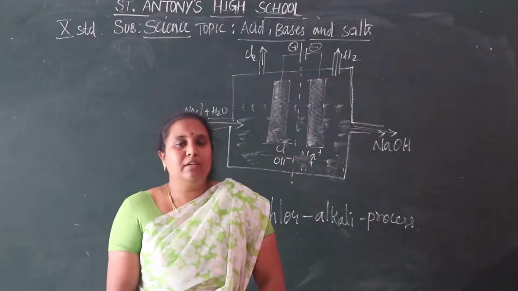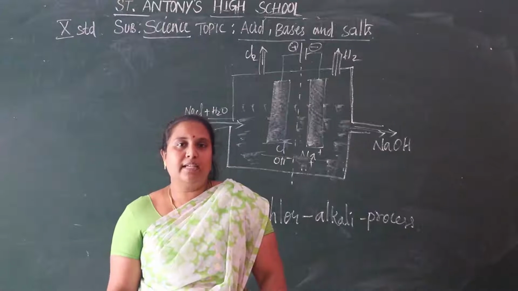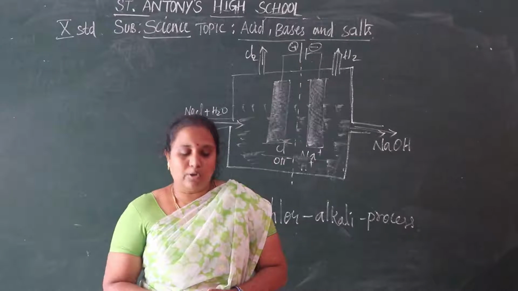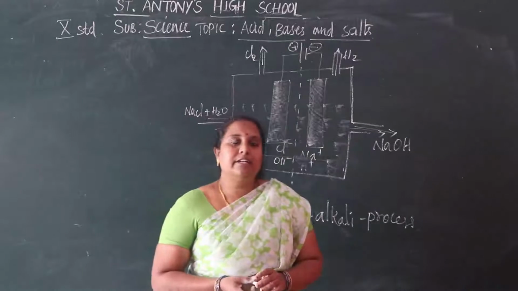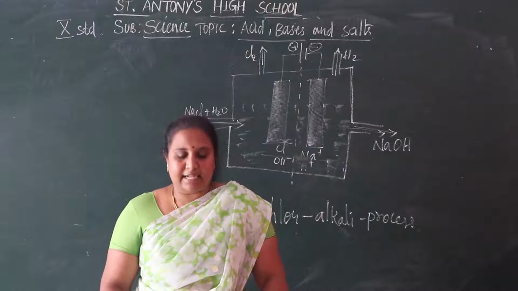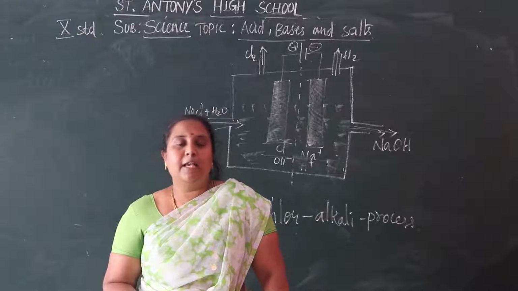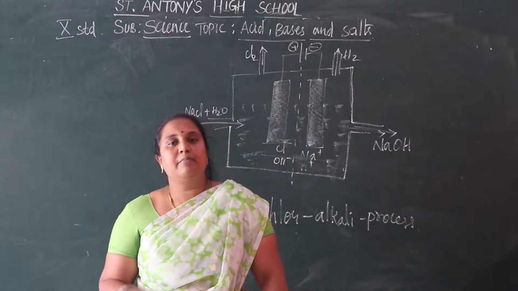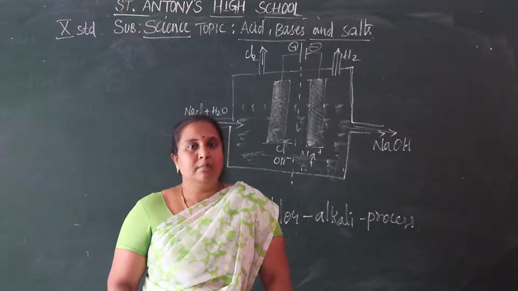Chlorine gas is used in water treatment and in manufacturing of PVC, disinfectants, CFC and fertilizers, and its main use is in the manufacture of bleaching powder.